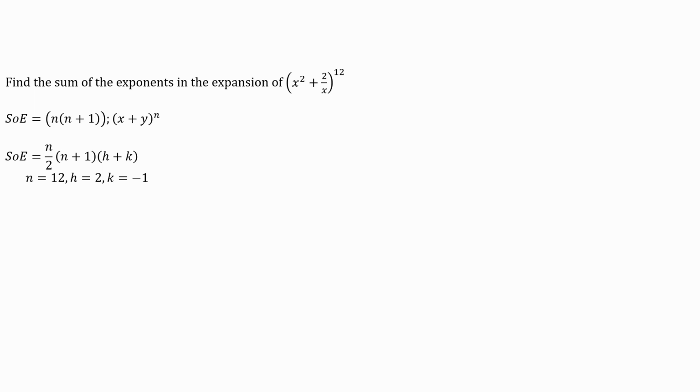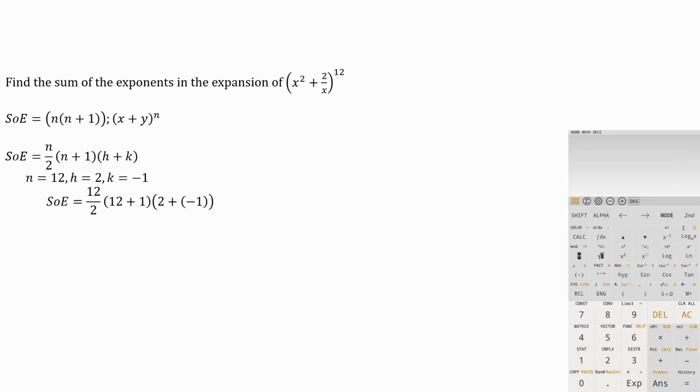So therefore, n is equal to 12, h is equal to 2, and k is equal to negative 1. So substitute natin. So therefore, 12 over 2 times (12 plus 1) times (2 plus negative 1). So therefore, sum of exponents ay 78.